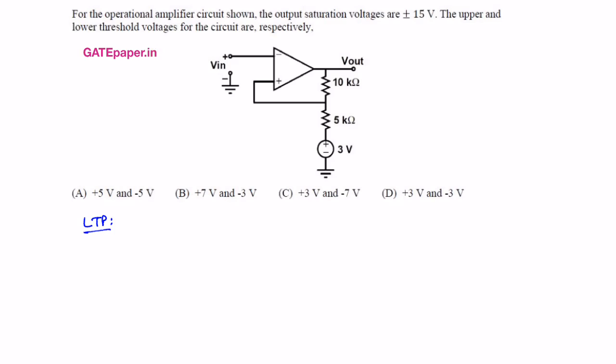LTP is the input voltage at which the output takes a transition while the input is moving in the reverse direction. That means whenever the input voltage is moving from plus infinity to minus infinity.